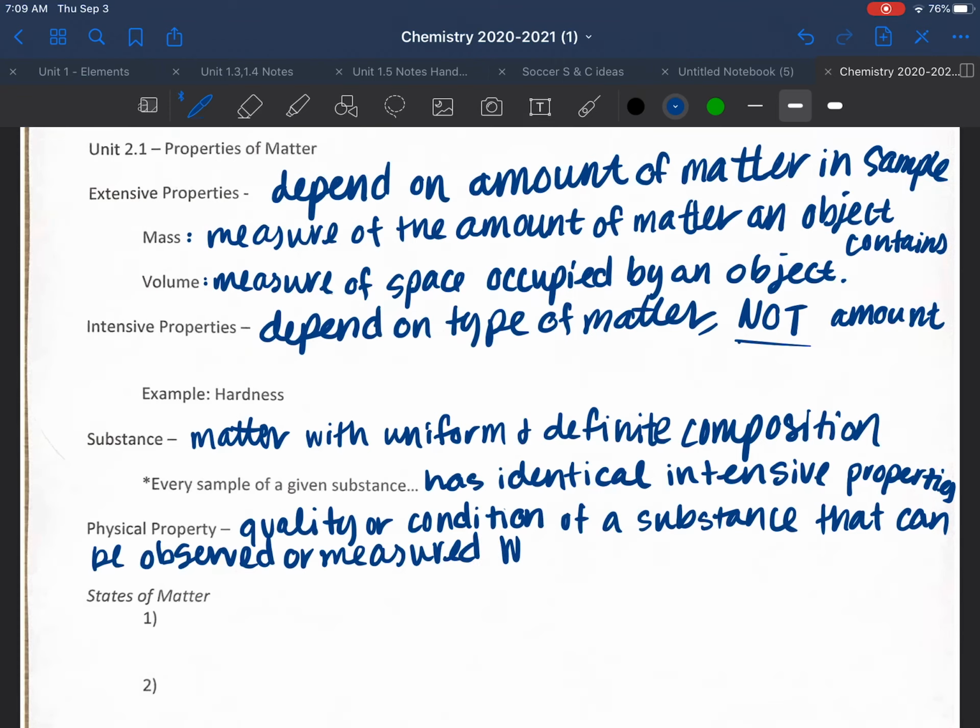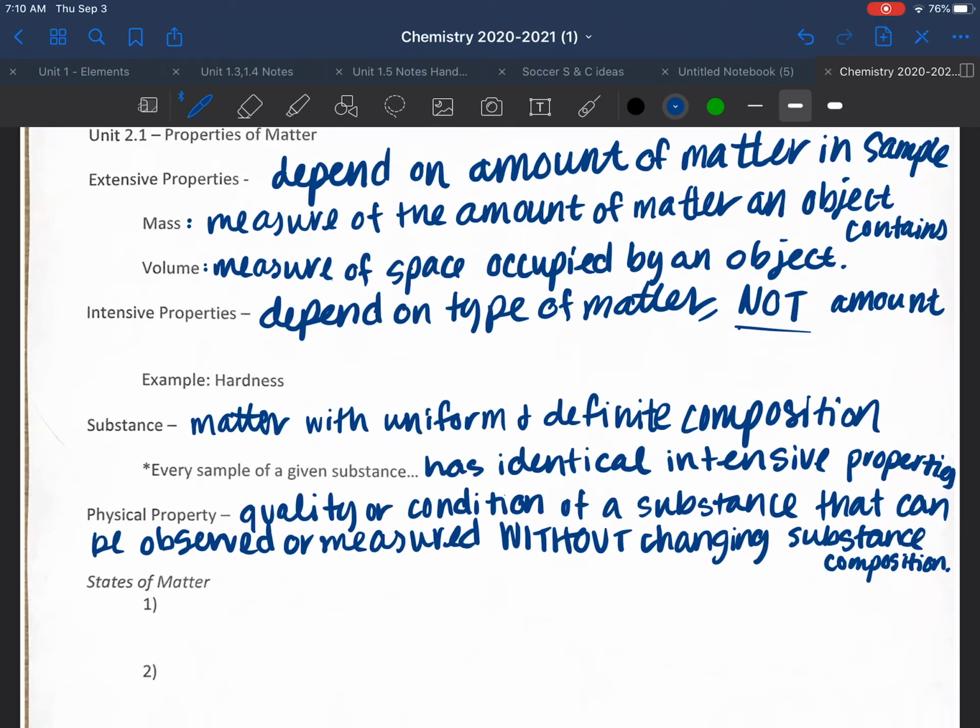Here's the big word. Big keyword is without changing substance composition. And we'll get more into physical properties during class today.